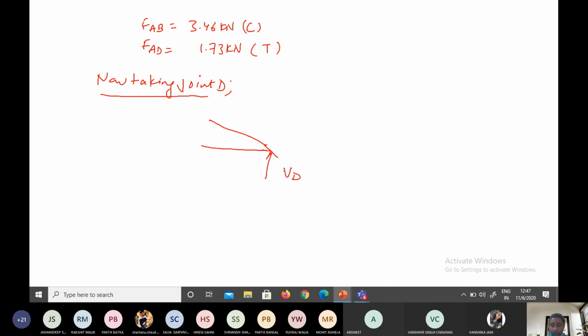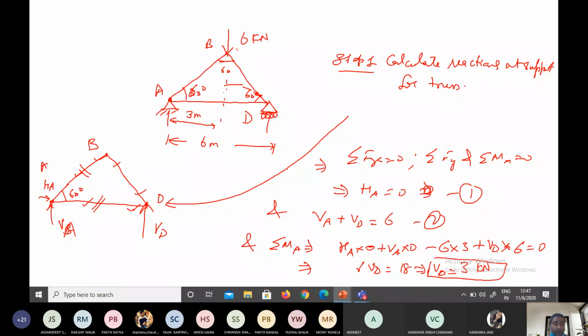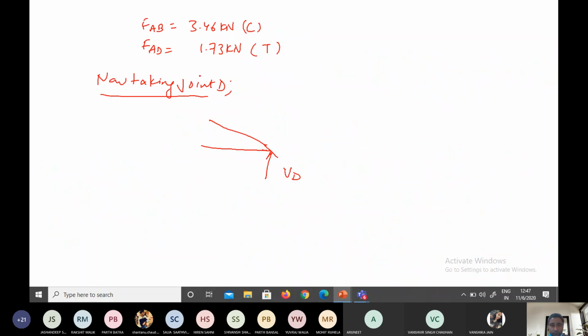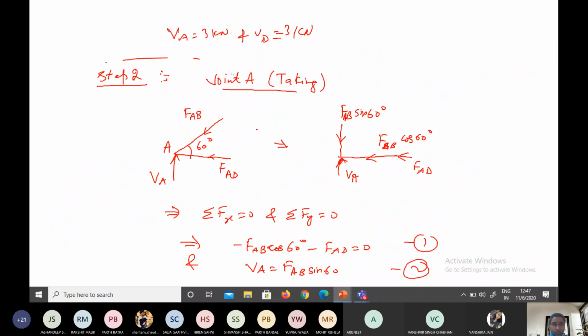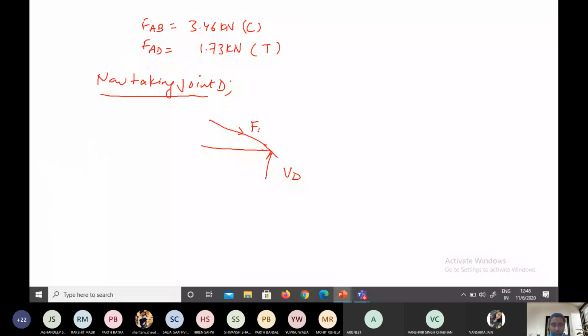Okay, this is VD, and we have calculated FAD and FAB. This is FBD, and this is FAD. Angle is how much? 60 degree. Okay, so this is the ABD of the joint D.